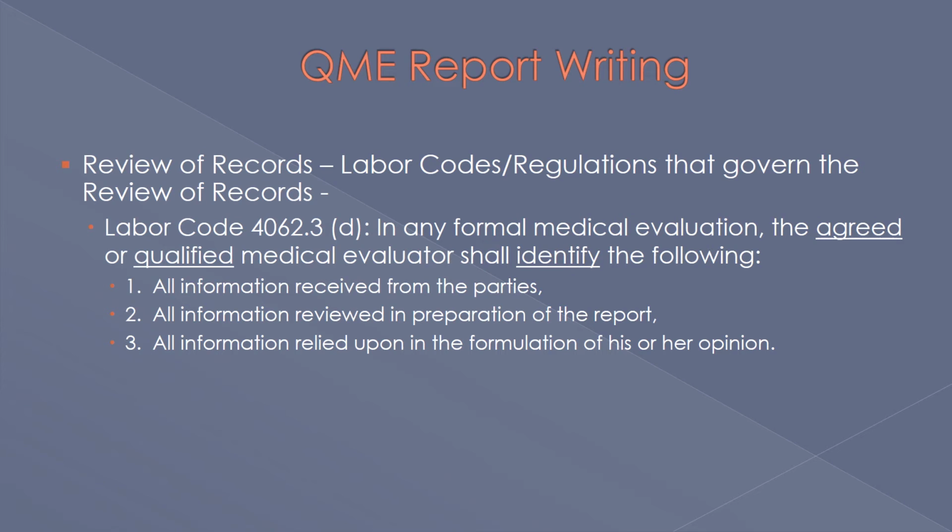So the things that we're required to identify include, number one, all information received from the parties, all information reviewed in preparation of the report, all information relied upon in the formulation of his or her opinion.